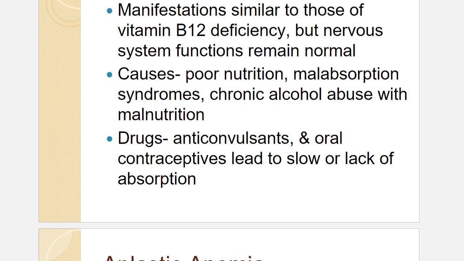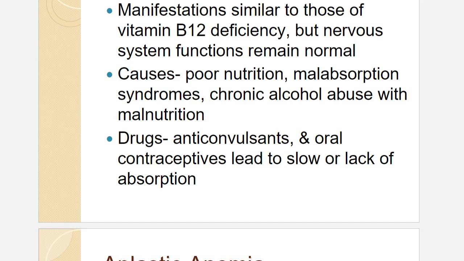Common causes include poor nutrition, even some of your malabsorption problems in the GI tract, such as Crohn's disease, and even some anticonvulsants and oral contraceptives can cause folic acid deficiencies. Again, it's one of those megaloblastic anemias, but the absence of neural problems differentiates folic acid anemia from vitamin B12 deficiency.